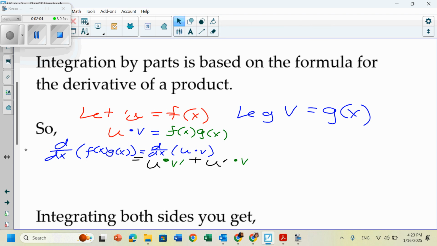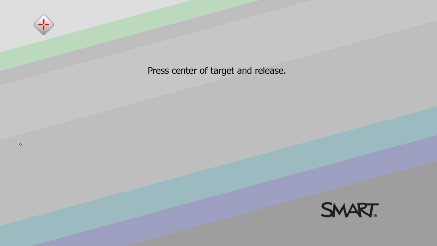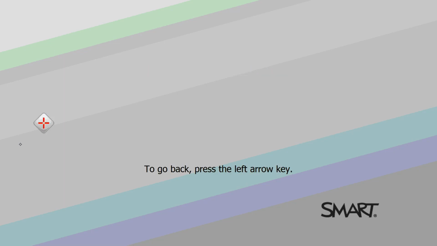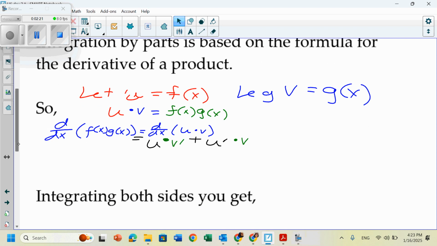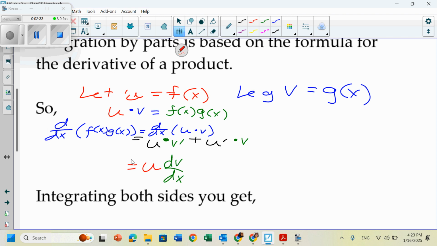I'm going to real quick do this so that I get my, for some reason it's not oriented. One second. So here we go. Which means that I have u times dv dx plus du dx times v. Hopefully that would make sense to you in terms of what we have.